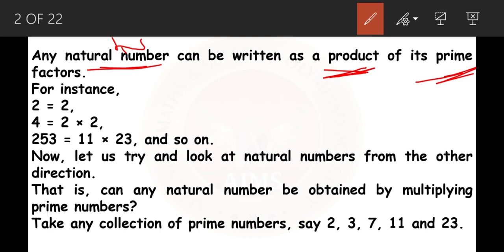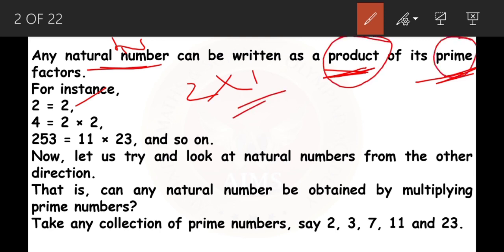For instance, if we take 2, we could write it as 2 into 1, because 1 is neither prime nor composite. But here we are saying we write it as a product of prime factors, and 1 is not a prime number, so let's not consider this example. 2 simply can be written as 2. 4 we can write as 2 into 2.